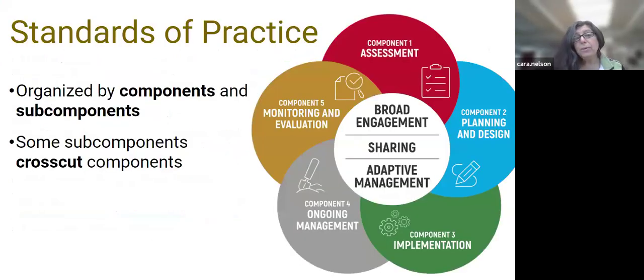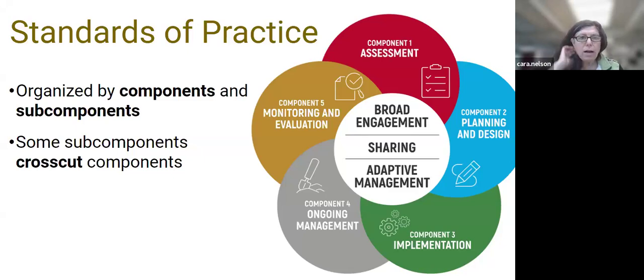Very quickly, the standards of practice are organized by components, and you can see them in this flower infographic: assessment, planning and design, implementation, ongoing management, and monitoring and evaluation. Within each of these components, there are subcomponents and then practices.